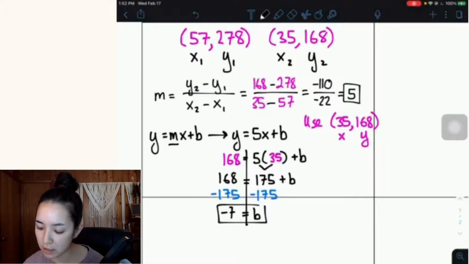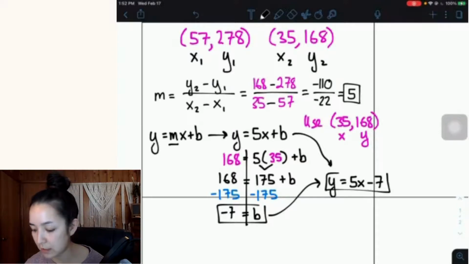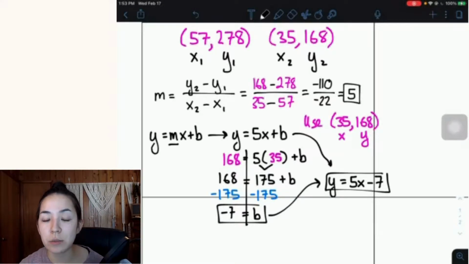B equals negative 7. So my final equation is y equals 5x minus 7.